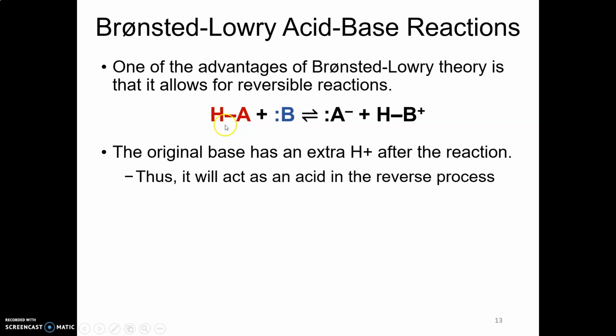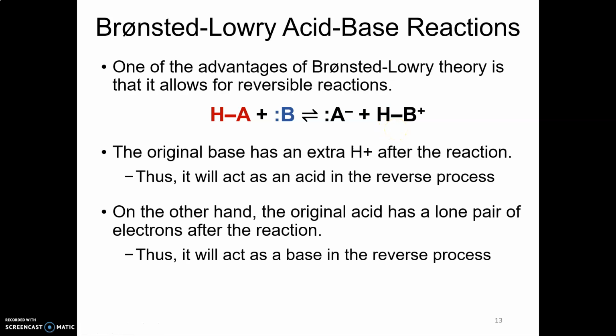When the acid donates its proton to the base, it forms what we call the conjugate base, because it now has a lone pair. It could now accept a proton. Whereas the base, when it accepts the proton from the acid, creates a conjugate acid. It creates something that could donate a proton.